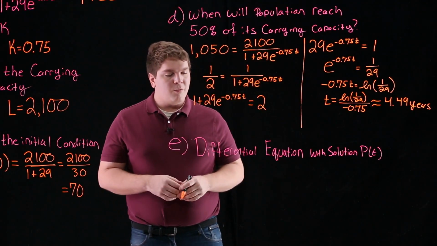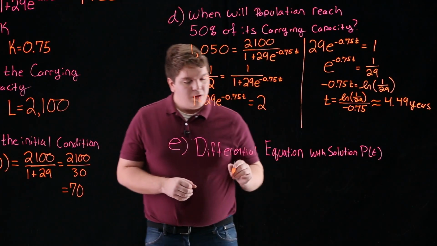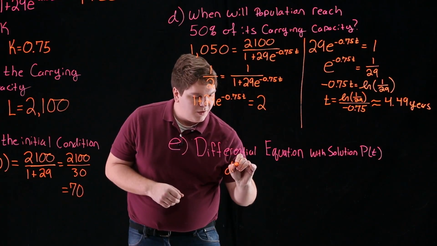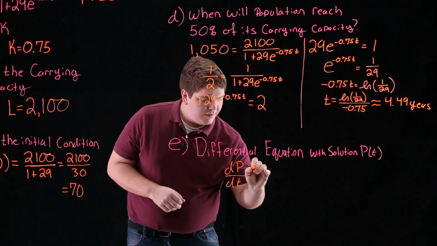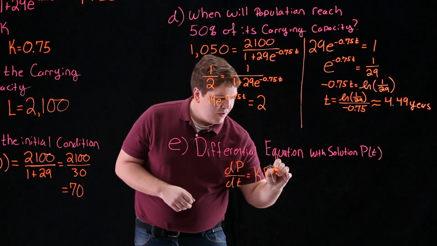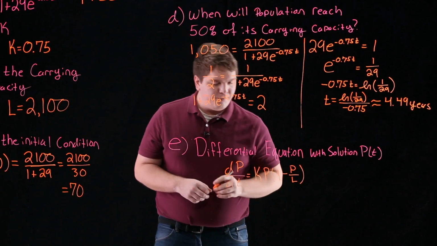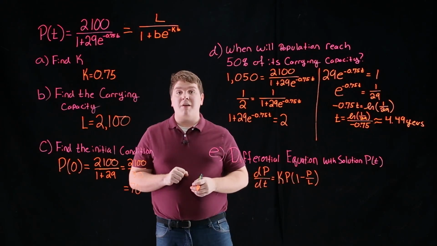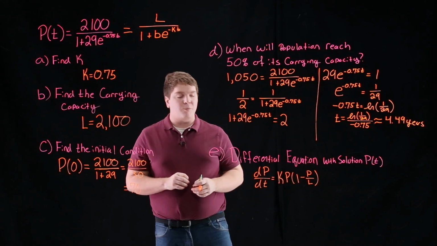Now for part E, we're asked to set up a differential equation which has a solution P of t. Well, we know differential equations, which give us the logistic equation, are given by dP/dt is equal to k times P times 1 minus P divided by L. Well, we've already found k to be 0.75, and we found L to be our carrying capacity of 2,100.